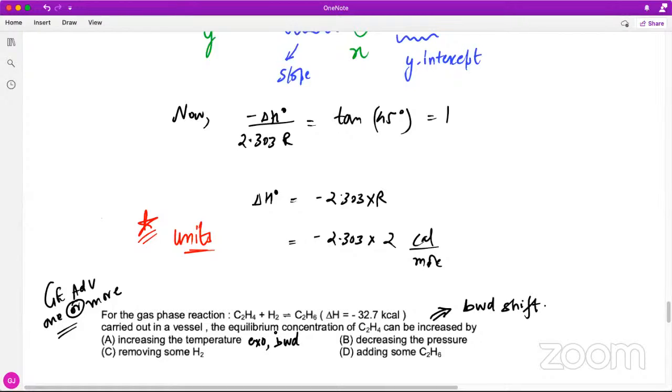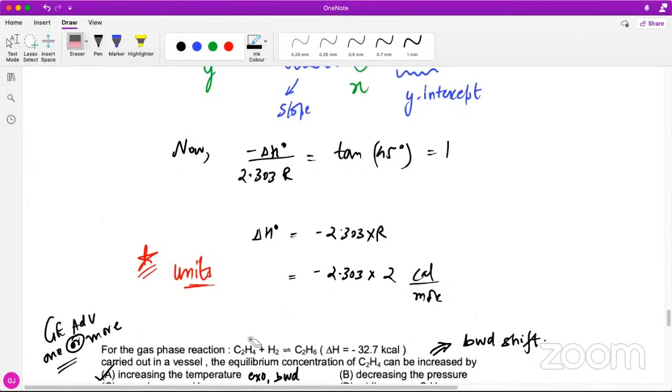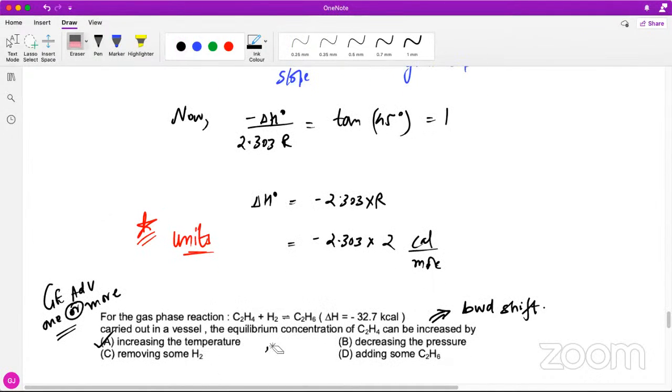Oh sorry, K कम हो जाएगा and as a consequence equilibrium backward shift कर जाएगा. तो ये ऑप्शन तो करेक्ट है ना? समझ में आ रहा है कि नहीं आ रहा है? Yes. Exo implies T increases, K decreases. तो ये backward shift हो गया.